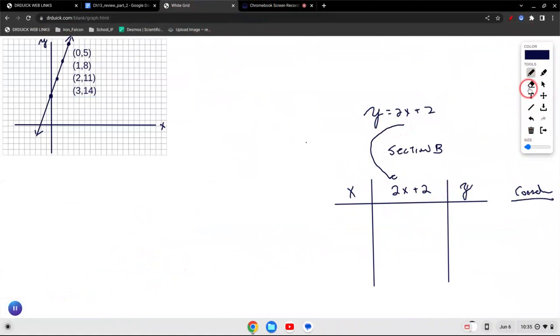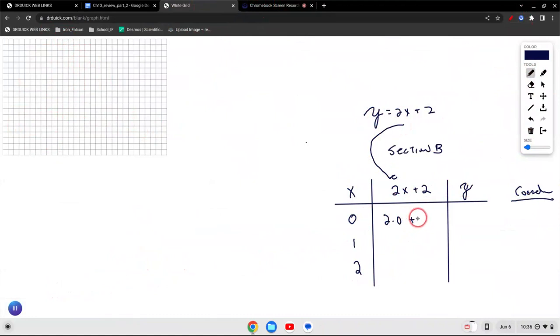So first of all, I need to clean out my graph, right? In fact, I only need 3 points to make a line. I'm going to put 0, 1, and 2. If I put 0 in for this, it's 2 times 0 makes it 0, plus 2.